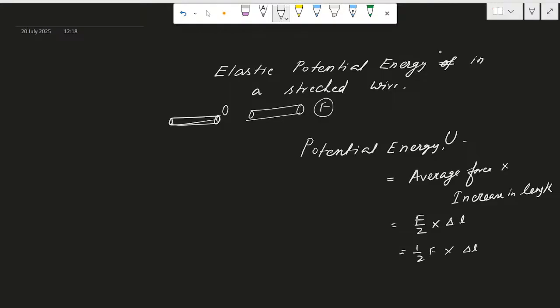Now can I write it a little bit differently? This F into delta L, if you take that concept, we can change it.